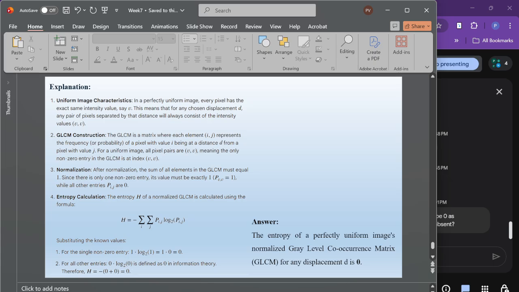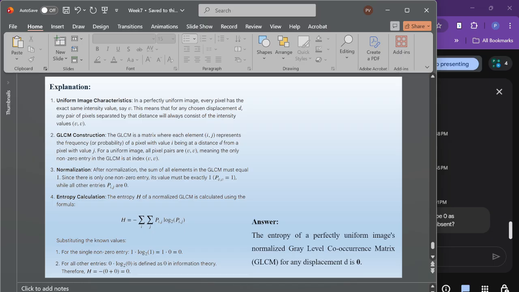So here the explanation is added. Uniform image characteristic: in a perfectly uniform image, every pixel has the exact same intensity value, let's say v. This means that for any chosen displacement d, any pair of pixels separated by that distance will always consist of intensity values v and v. The GLCM is the matrix where each element ij represents the frequency or probability of a pixel with value i being at distance d from a pixel with value j.